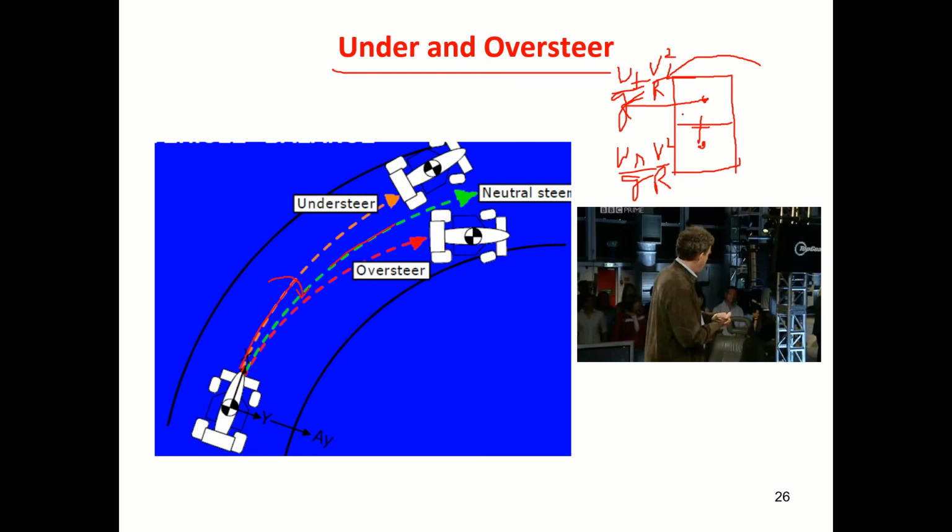This force will create a couple in the opposite direction. So if this couple is greater than this couple, though I try to steer like this, it is trying to go this way. That is what understeer is.